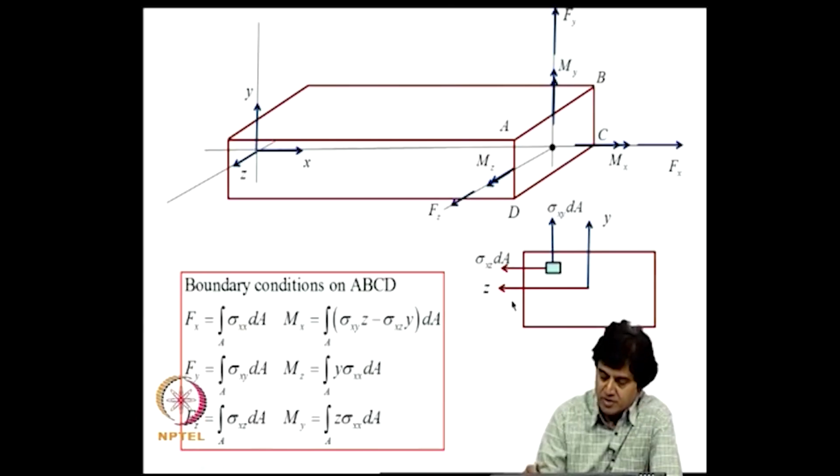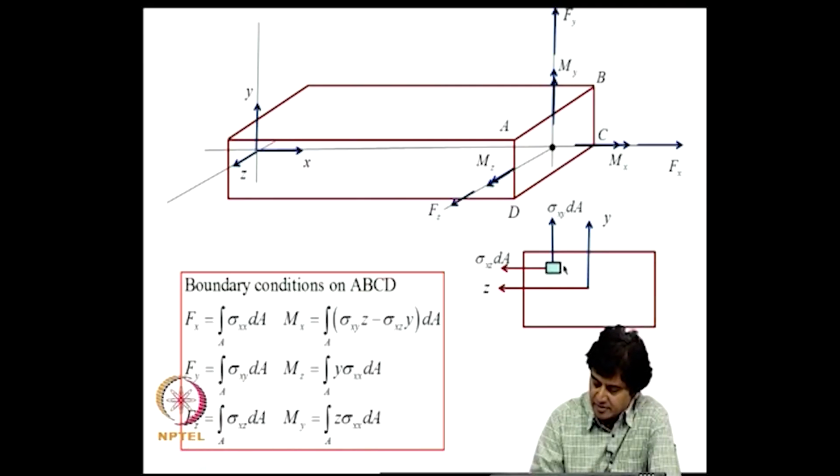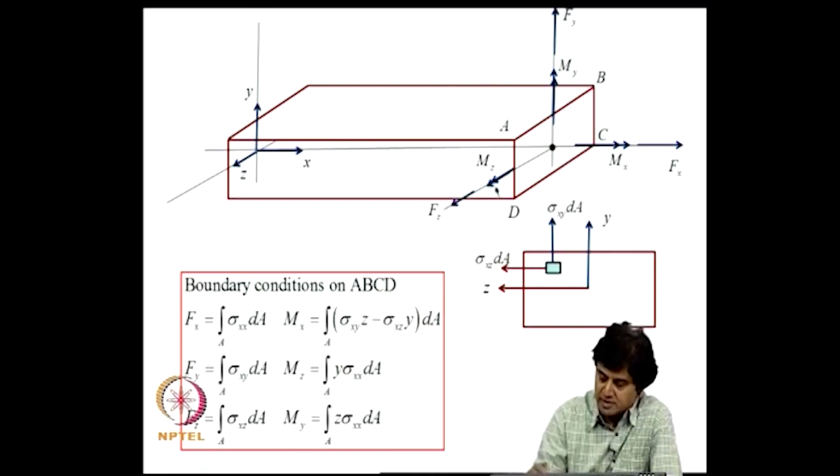This will help us to understand the notations and other conventions. So, these are the axes Y, Z, and if I consider an infinitesimal element here, the forces acting on this element would be sigma xz into dA, sigma xy into dA. Now, there are 6 stress resultants acting on this face ABCD.